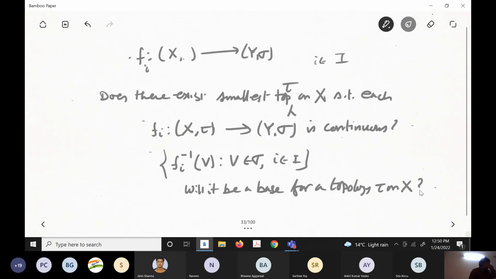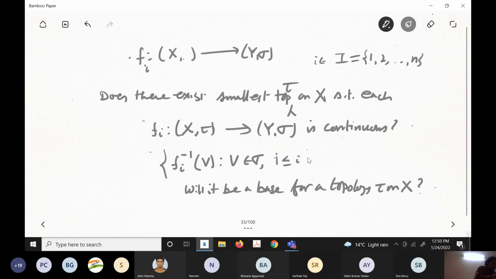Well, if you want to have the simple case, I will take I from 1 to n. First do the simple thing, take I finite.